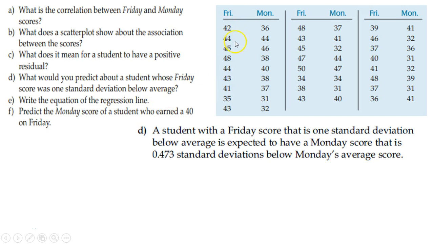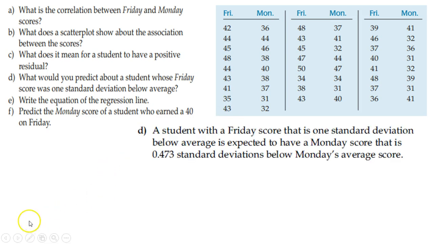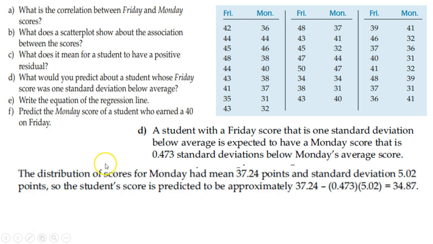You can look at your data to see that the distribution of scores from Monday have a mean of 37.24 points and a standard deviation of 5.02, and you can get that on the Monday scores by adding them all up on the calculator.